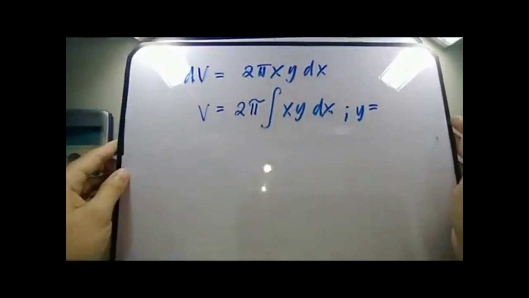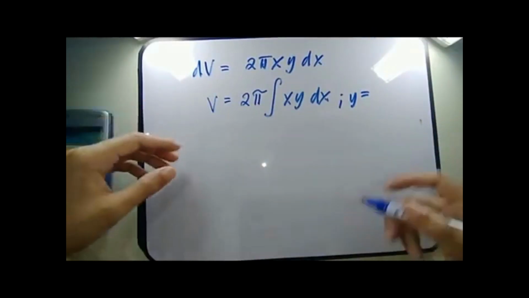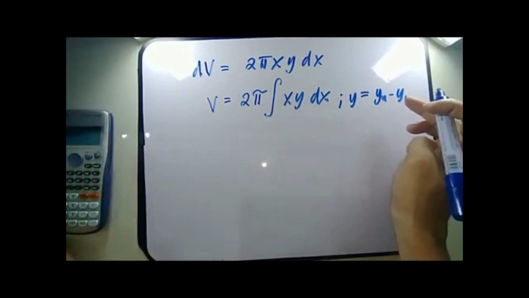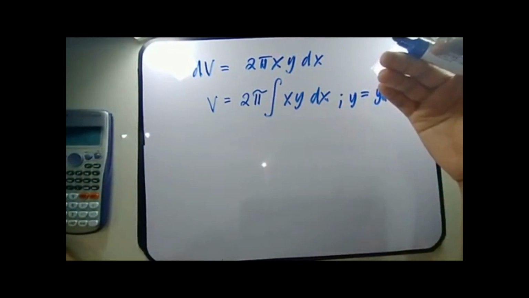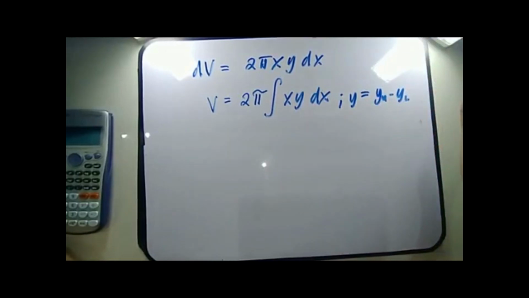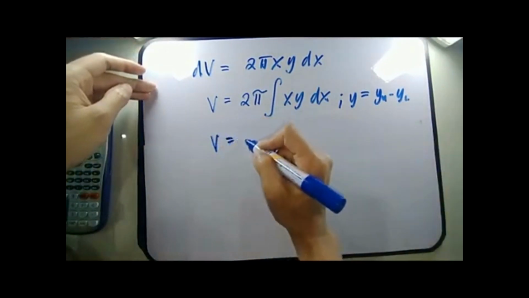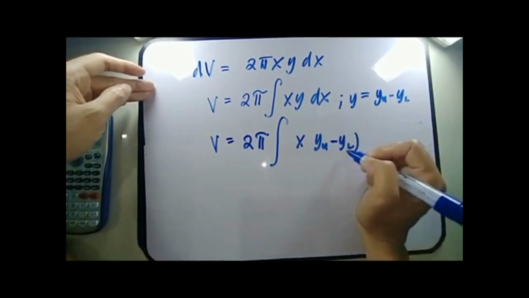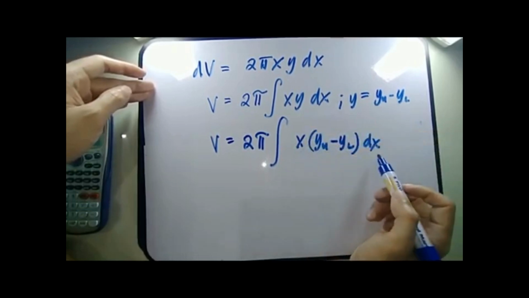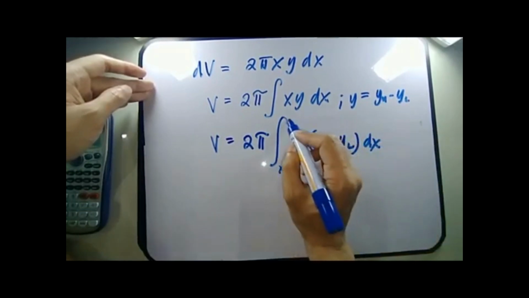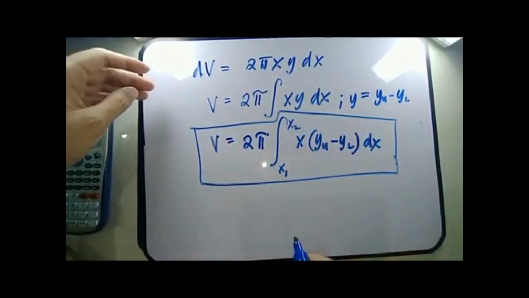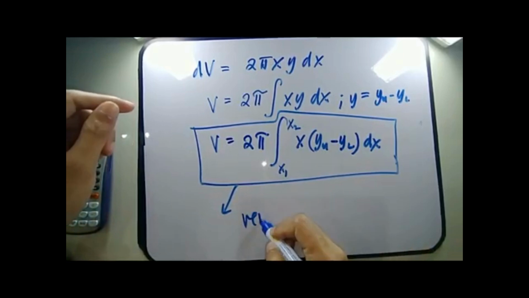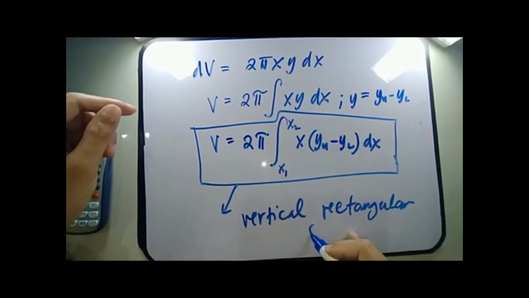So the concepts we used in area are still applicable, guys. So y is y upper minus y lower: the one that touches the upper part of your rectangular strip minus the one that touches the lower part. So the volume equals 2 pi times the integral of x times y upper minus y lower differential of x. Our limits, guys, are from x1 to x sub 2. So we have this formula, and this formula is applicable if our rotation is of a vertical rectangular strip.